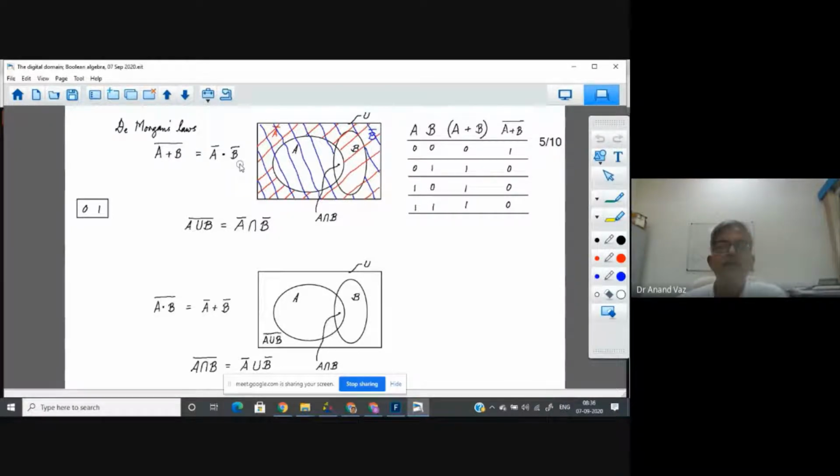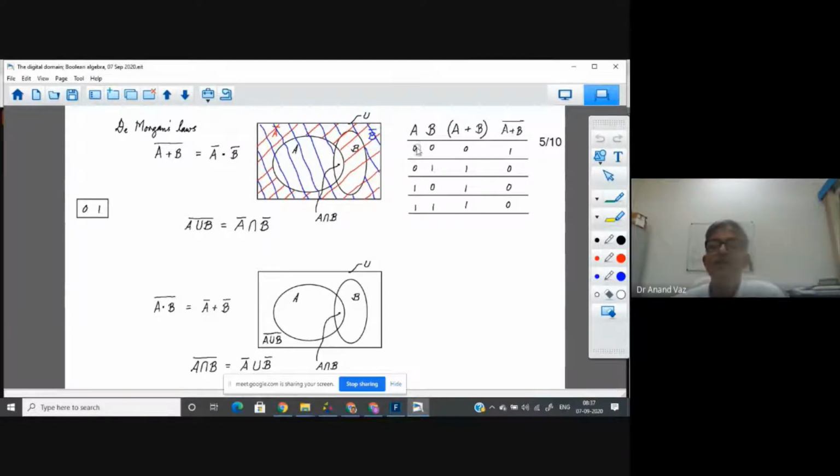Those of you who are familiar with set theory know that the complement of A union B is complement of A intersection complement of B. In the binary set, you just have 0 and 1. So the complement of 0 is 1 and the complement of 1 is 0. You can test this by a simple brute force of a truth table.